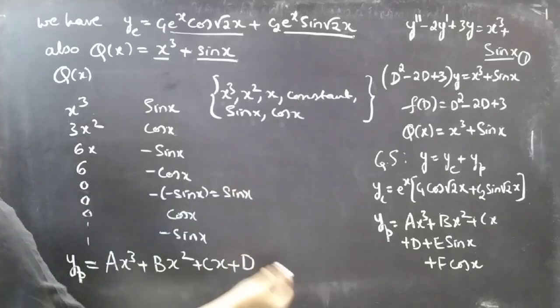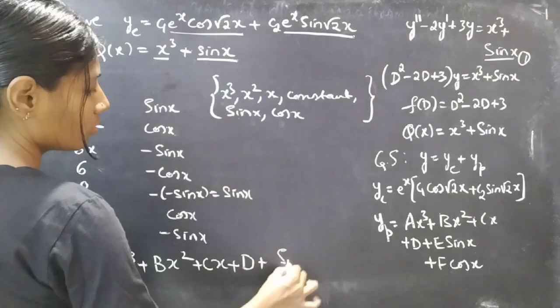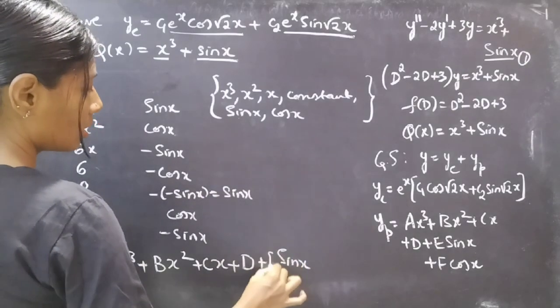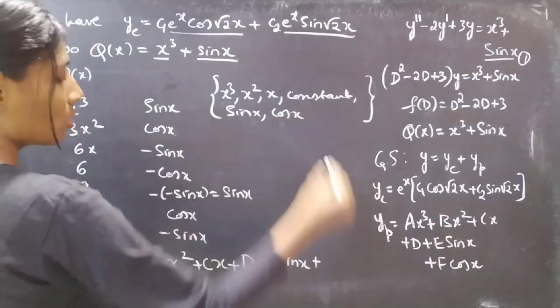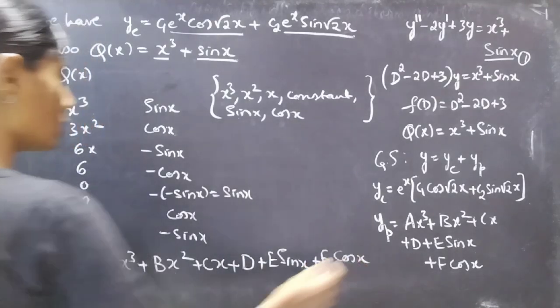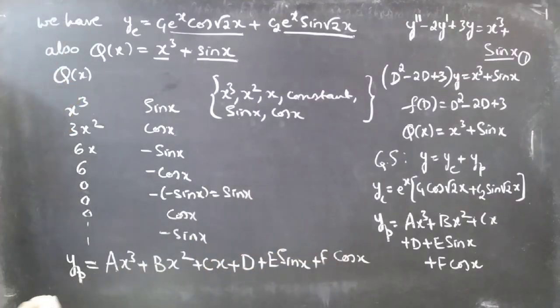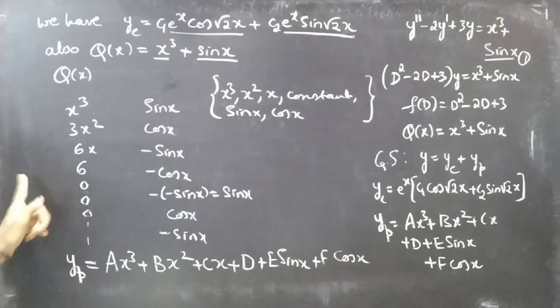So I'll take d instead of constant, plus sin x with some coefficient, say e, plus cos x with some coefficient, say f. Here a, b, c, d, e, f are undetermined coefficients. So we need to find the values of a, b, c, d, e, f. Fine. So we got the yp with the help of trial method.